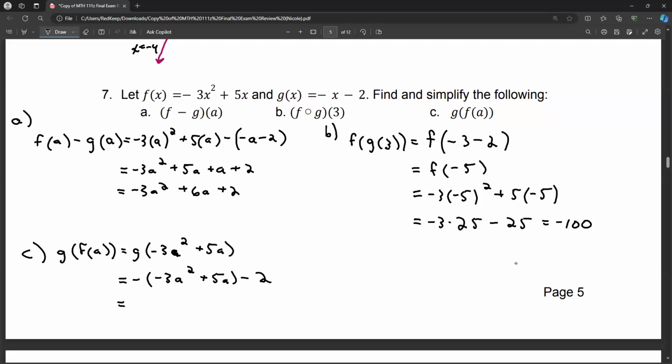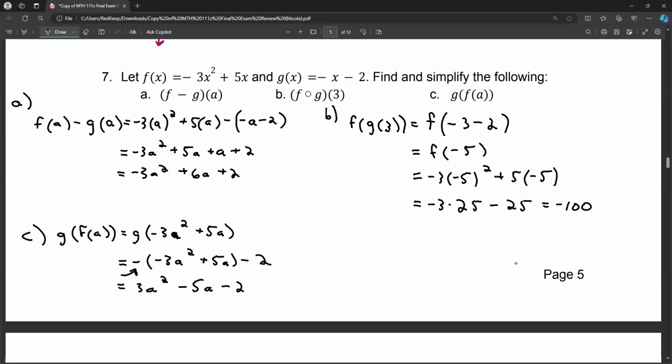Okay, so now I can distribute the negative that's in front here. It's supposed to be an arrow in front of our parentheses. And so I'll get 3a squared minus 5a minus 2 as our final result. Perfect. Okay, that's question 7.